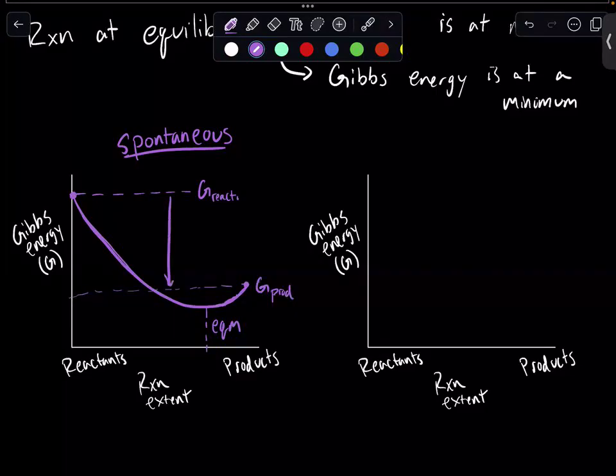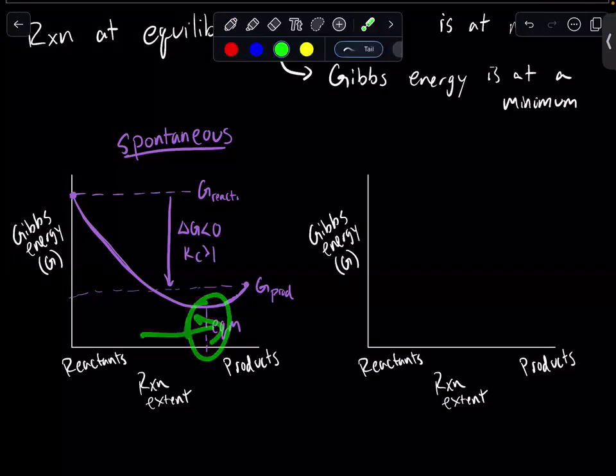And we can see that there is a decrease where delta G is less than 0. So this is where we see a spontaneous reaction going from a high Gibbs energy reactant to a low Gibbs energy product. But because it's an equilibrium, it doesn't go all the way to the products. Furthermore, we can assume that our equilibrium constant Kc is greater than 1 because, as you can see, our equilibrium is shifted towards the products.